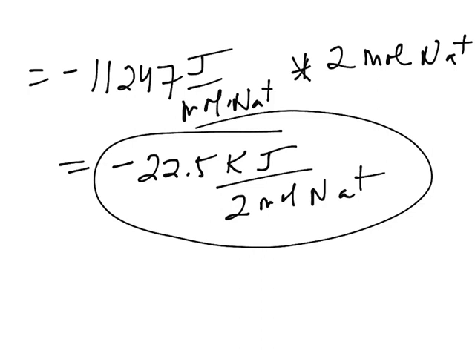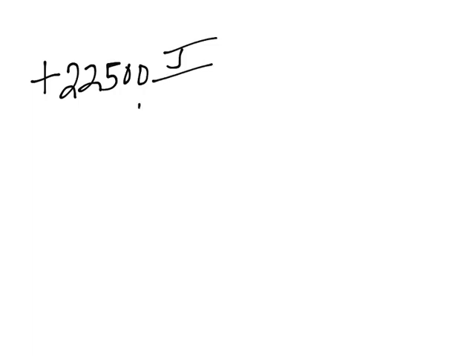So let's see how that's going to relate to the concentration gradient that we can make with our glucose at the same time. So we know that we're freeing up 22.5 kilojoules per every 2 moles of sodium cation that crosses the membrane, then we can use that, so that's why I'm putting a positive sign, positive 22,500 joules of energy for every mole of glucose that we want to bring in.